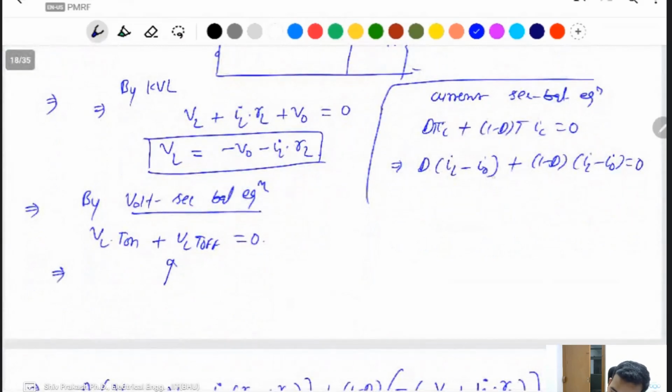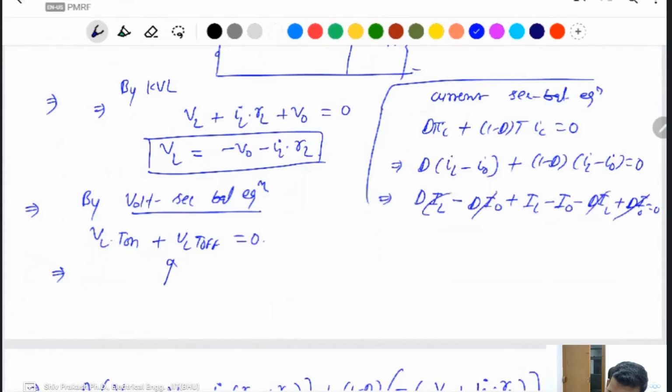Taking the average value of this, D IL minus D Io plus IL minus Io minus D IL plus D Io is equal to 0. This will cancel out.